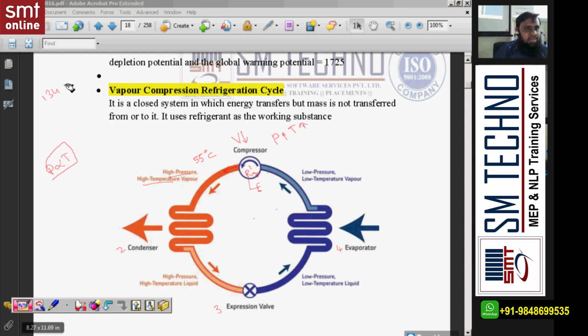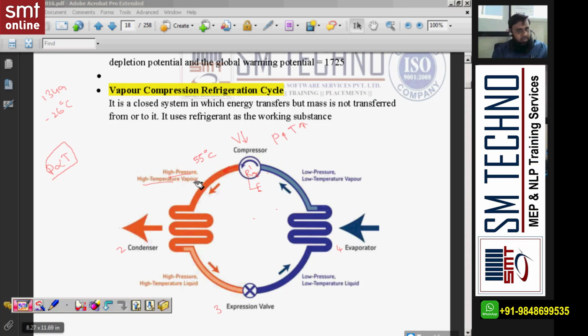Just now 134A. 134A start boiling at minus 26 degrees centigrade only. So at positive temperature it is in vapor only, na, with a high pressure. So for example, say 55 degrees, and this is just an example. This temperature will vary from system to system as per the capacity or as per the type of refrigerant. Okay, this is just example.